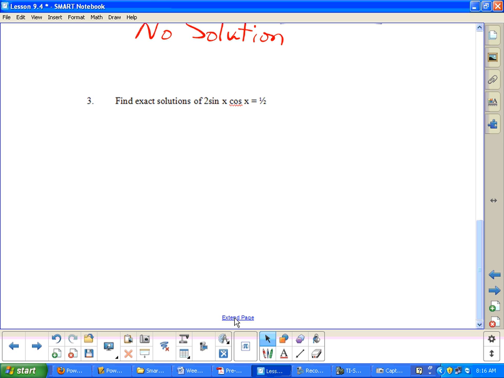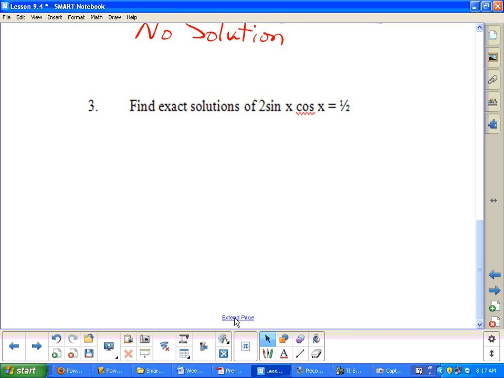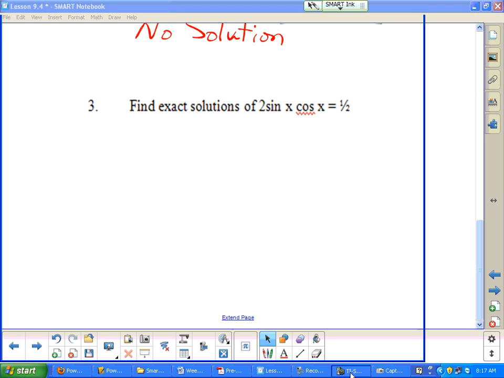All right. Number 3, find the exact solutions of 2 sine of x cosine of x, which equals 1/2. Now, let's look at our calculator just for a minute here.